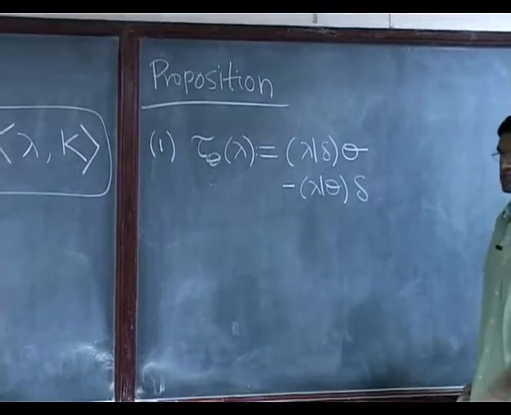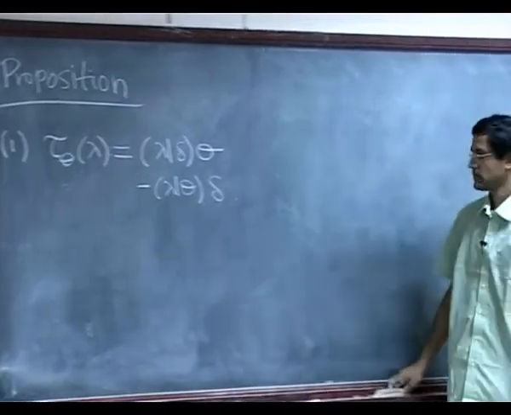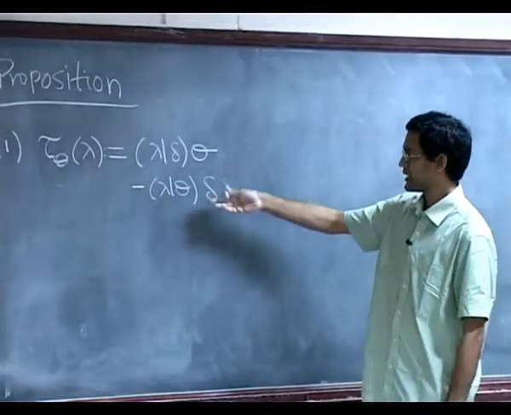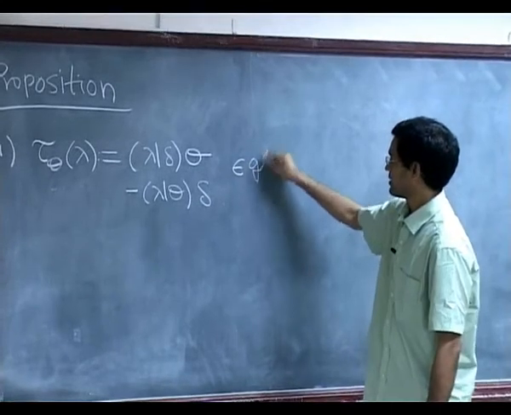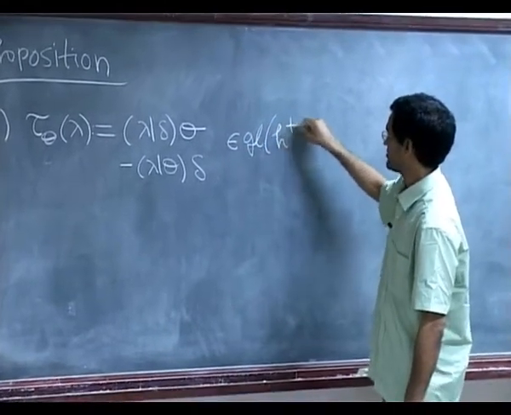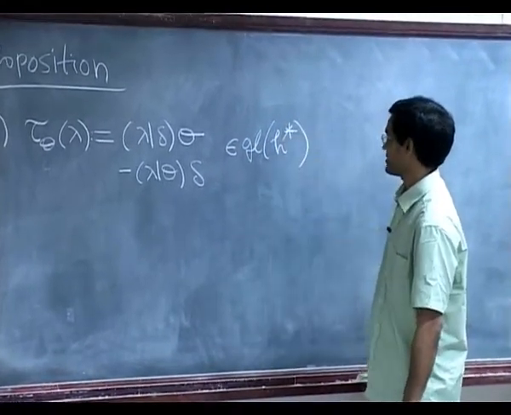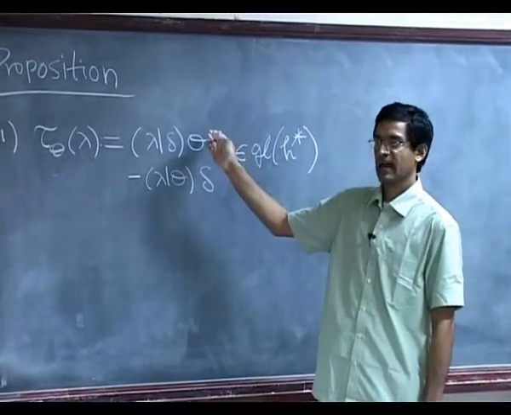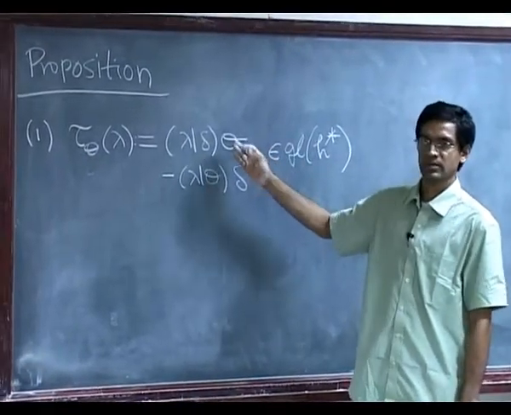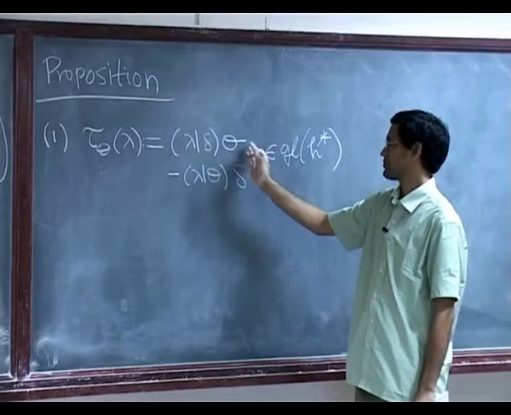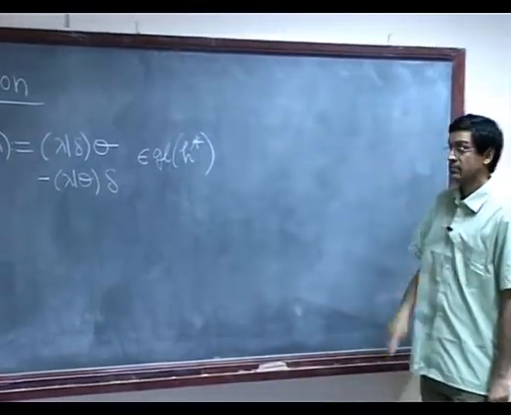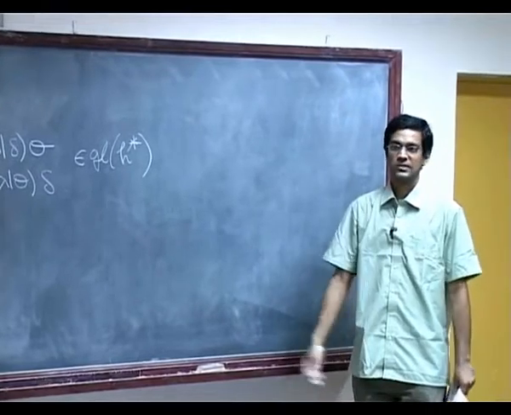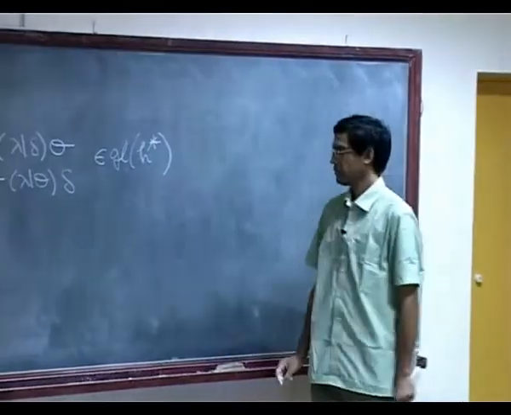Sort of like some kind of skew symmetric form. So observe it is a linear transformation. It is not necessarily invertible. In fact, it is most certainly not invertible. It is more or less a rank 2 transformation at the most. Everything is being sent to some linear combination of theta and delta. So it is just some linear transformation on H star.